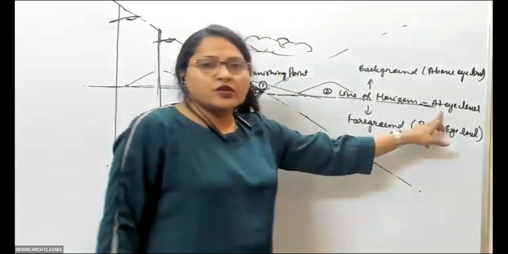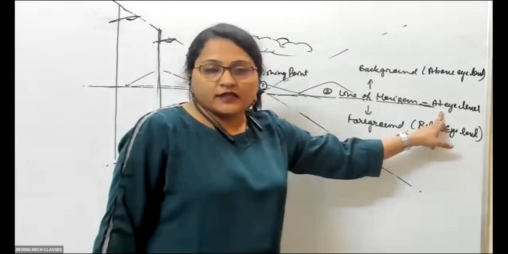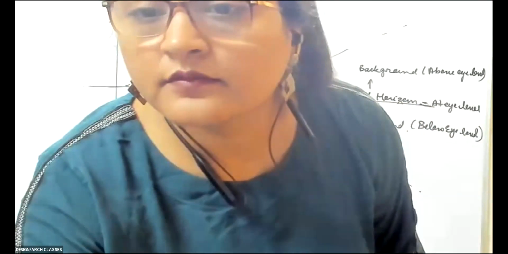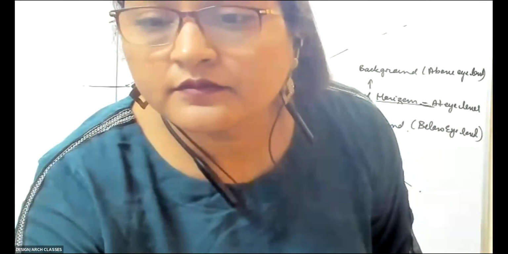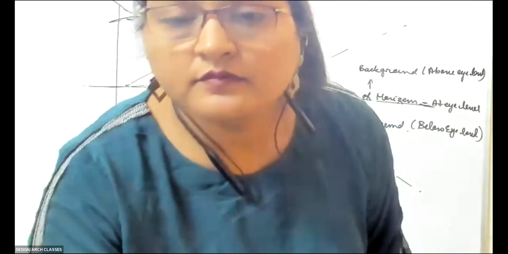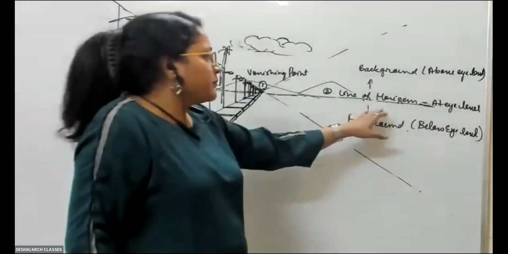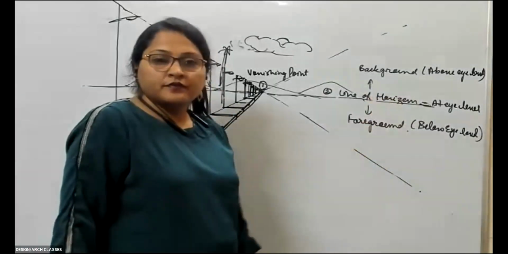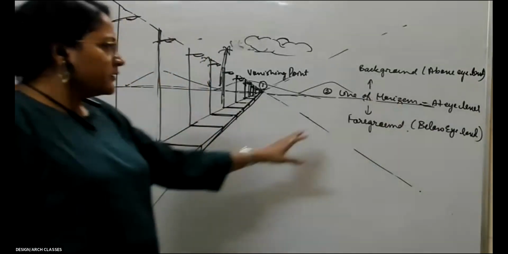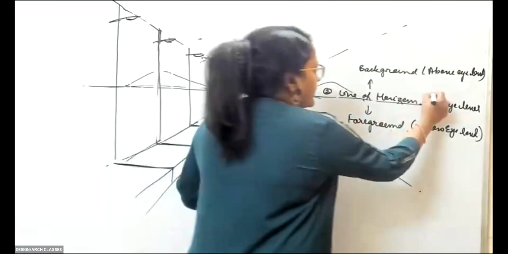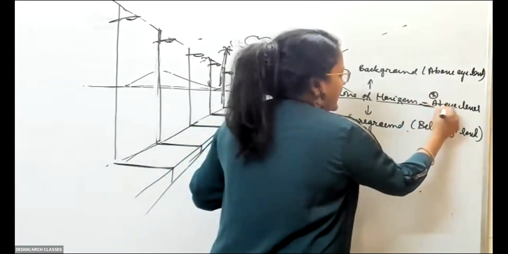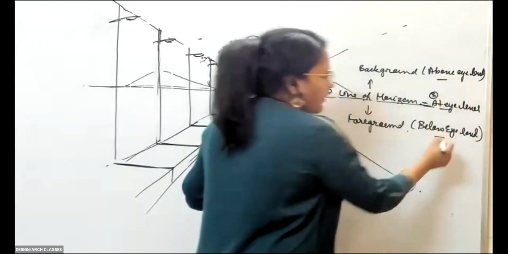Third, you will write about eye levels. Please write. Written? So this is 3. At eye level, above eye level, below eye level.